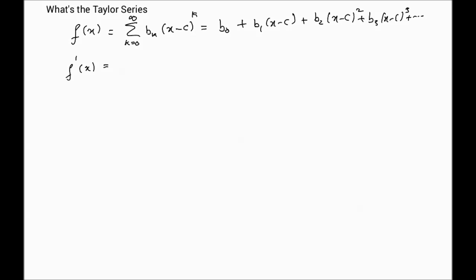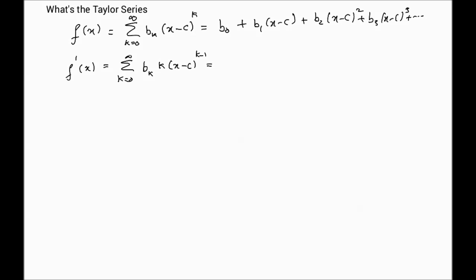So f dash of x would be the derivative, as we have done in the previous video. The bk is a constant, so nothing happens to that. The k comes down, and the power is x minus c to the k minus 1.